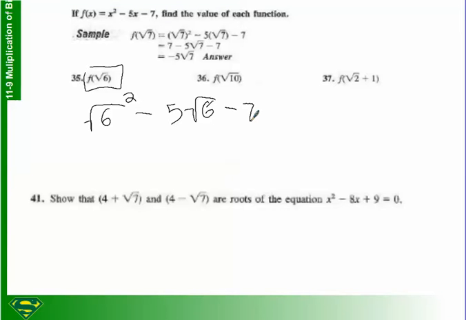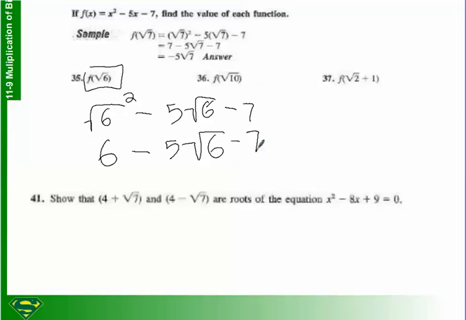So the square root of 6 times the square root of 6 is going to be 6, and then you can't change anything with 5 times the square root of 6, so this will be minus 5 square root 6, and then you can't change anything about the 7, minus 7.